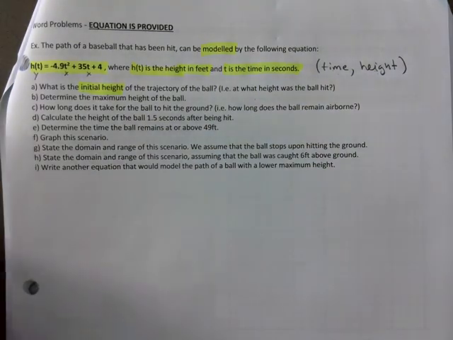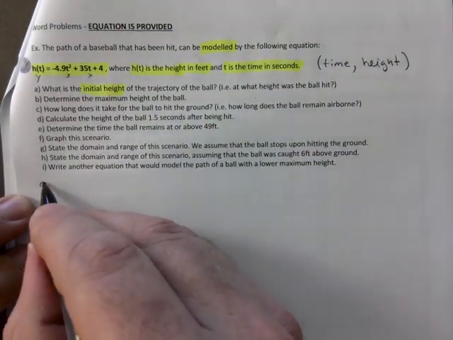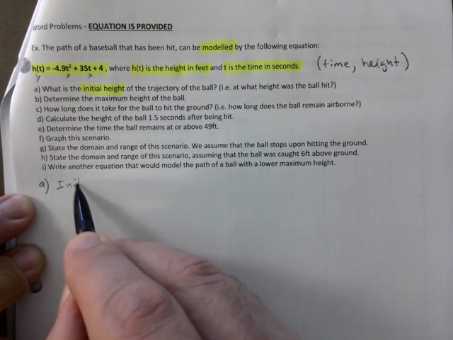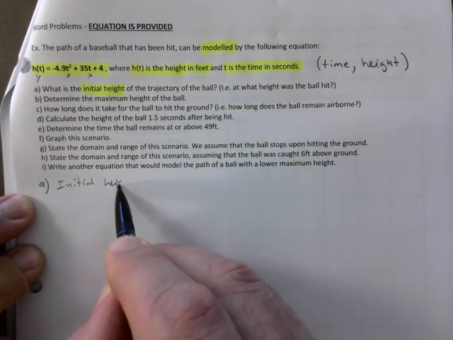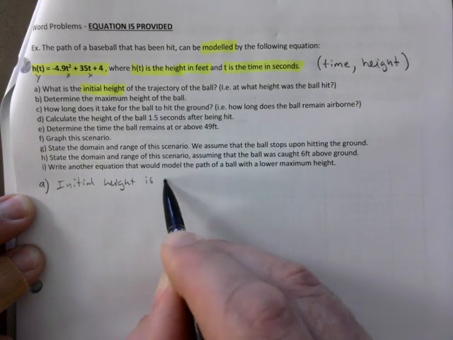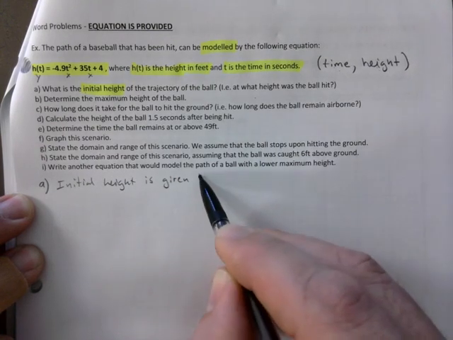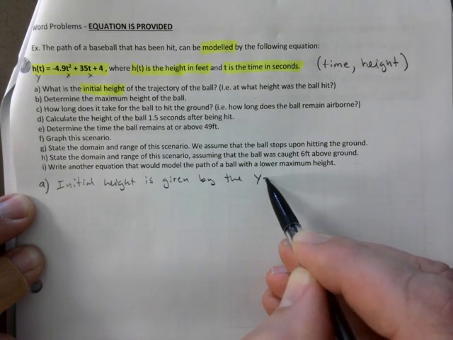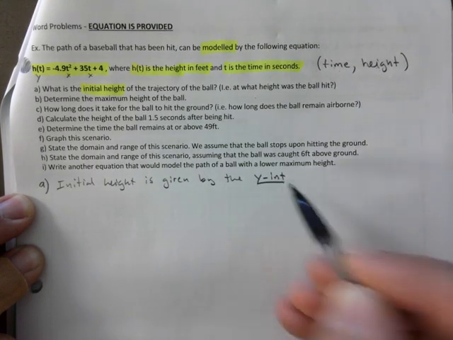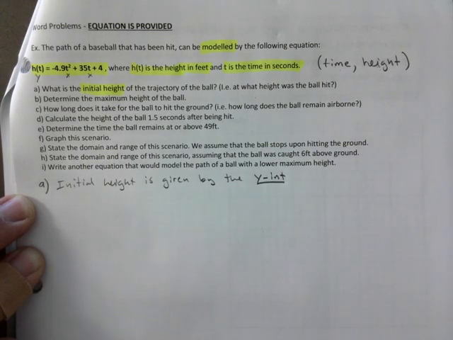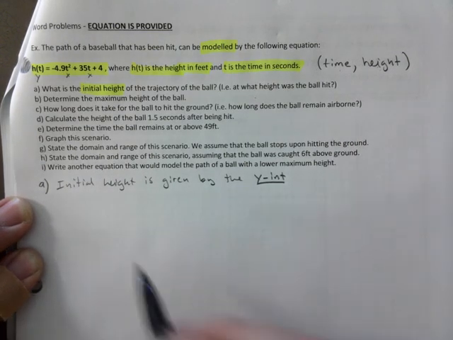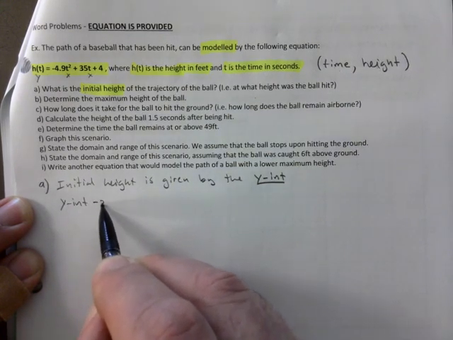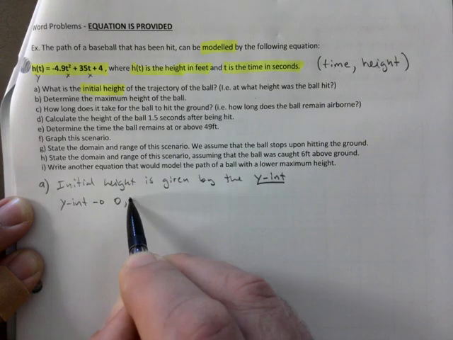Okay. So for A, initial height is given by what? We know this as the y-intercept. This is in general form. So the y-intercept is (0, 4).